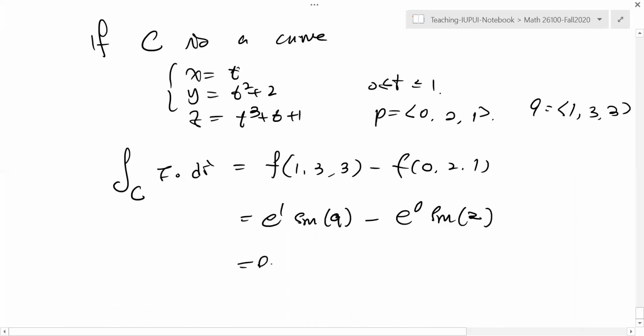So it's going to be e sine 9 minus sine 2. That's a pretty strange number, but that is what we got here.